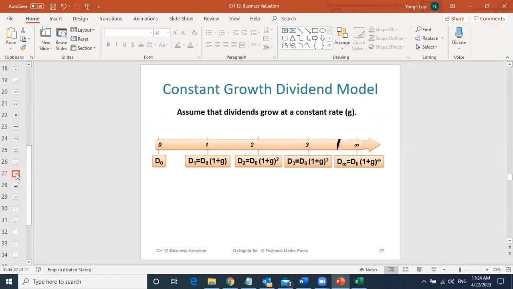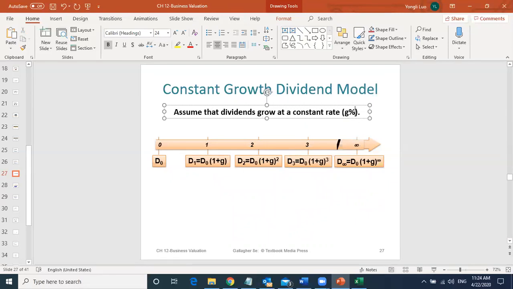Whatever you call it, you assume that the dividend will grow at a constant rate. For example, the current dividend is D0. Next year's dividend D1 equals D0 times 1 plus the dividend growth rate, G%.